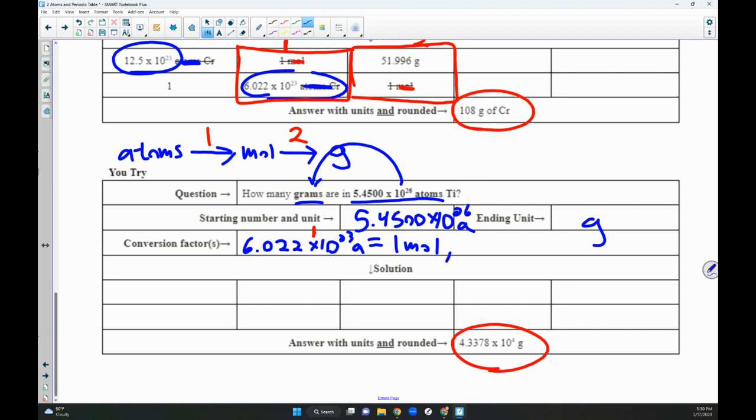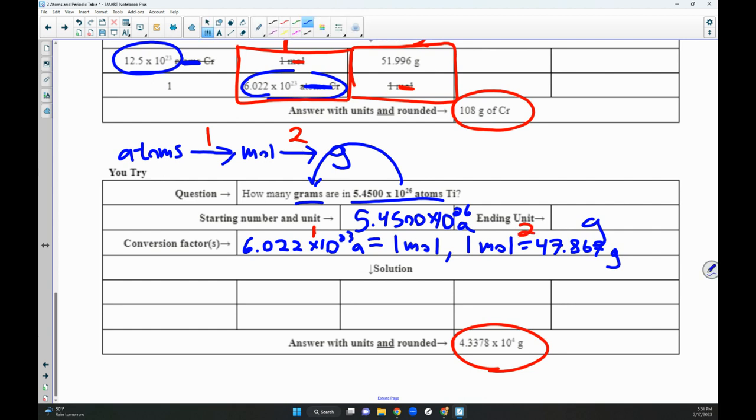For step 2, I need to know the relationship between 1 mole of titanium and its mass. So 1 mole of titanium is equal to 47.867 grams. And that is the conversion factor I'm going to use for step 2.